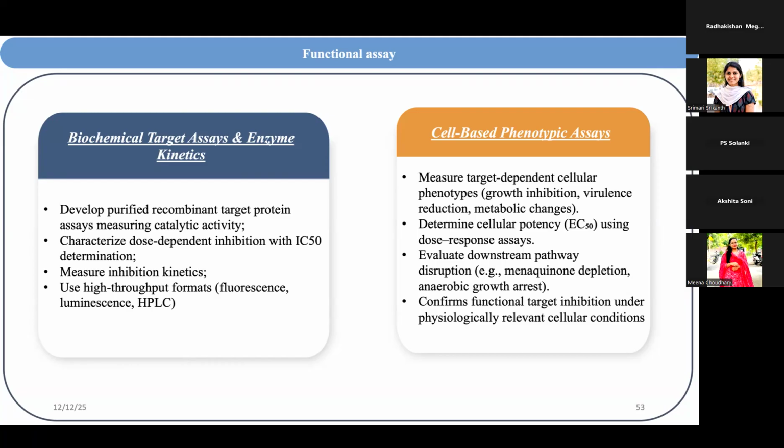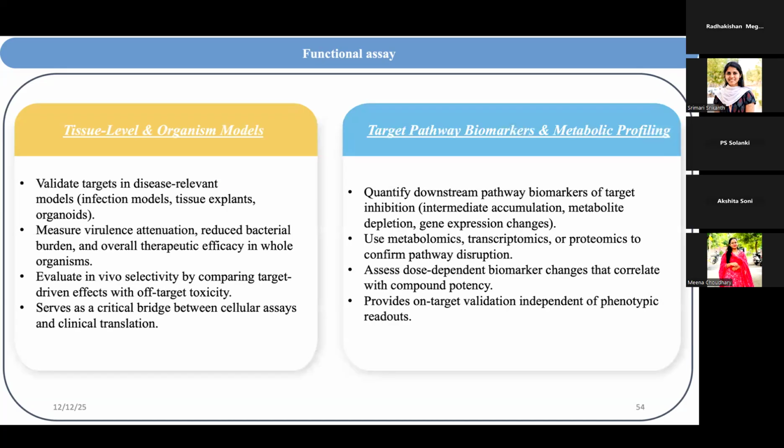So those kinetics terms come here. In the case of cell-based phenotypes, we move on to the cell-based level. We measure bacterial growth inhibition, reduction in virulence markers, and changes in metabolic flux, and we also determine dose response curves, etc.